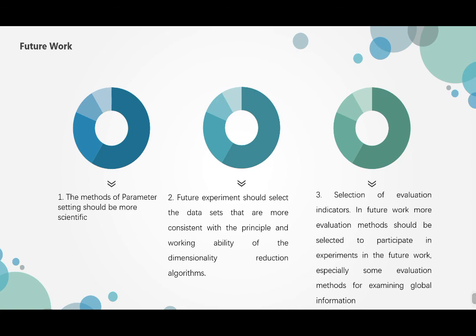And the third one, selection of evaluation metrics. In future work, more evaluation methods should be selected to participate in the experiment, especially some methods for examining the global information of the datasets.